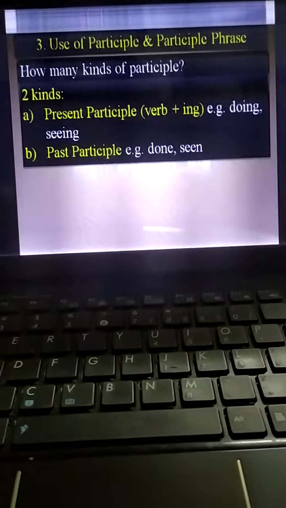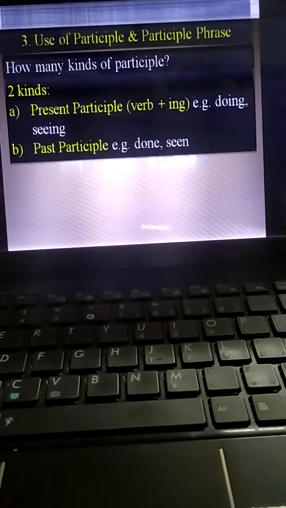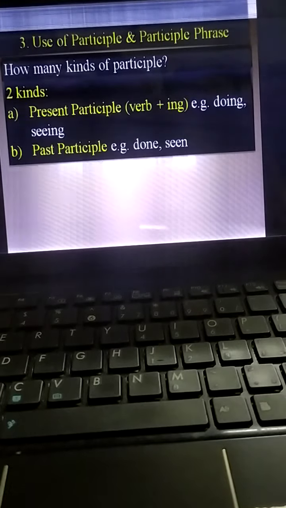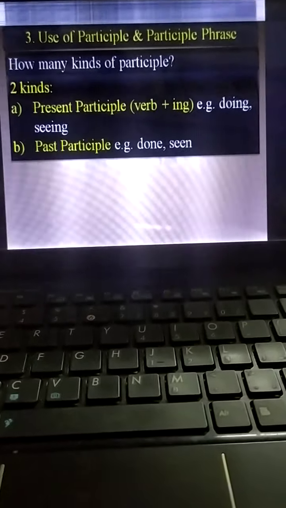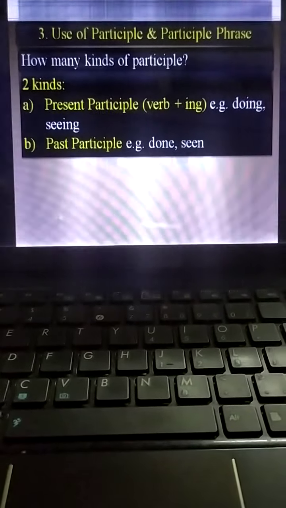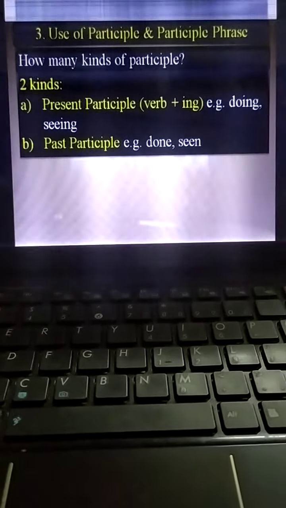How many kinds of participle in grammar? Two kinds, present participle and past participle. Present participle means verb plus ing.